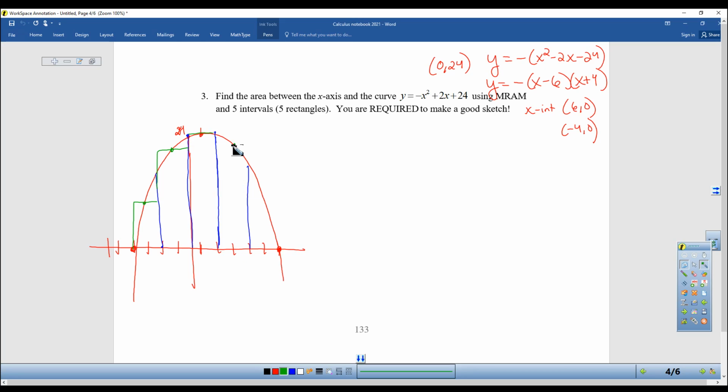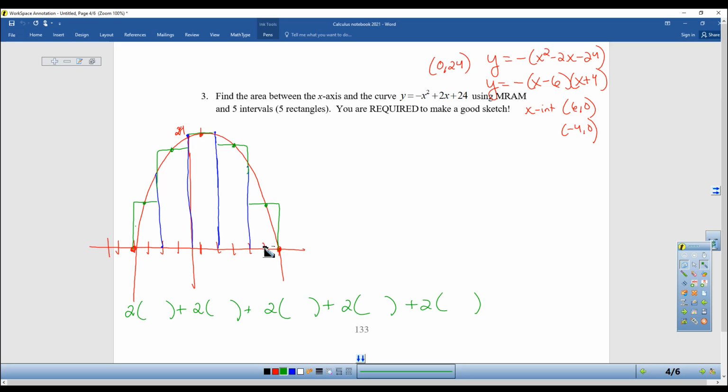And then on this one, I go to here, and I go across, and then I go here, and I go across. So each one of these is going to be a 2 by something, plus 2 by something. There's 5 of them, and they all have a width of 2. And this just is supposed to help you remember AP that you have to show both addition and multiplication.